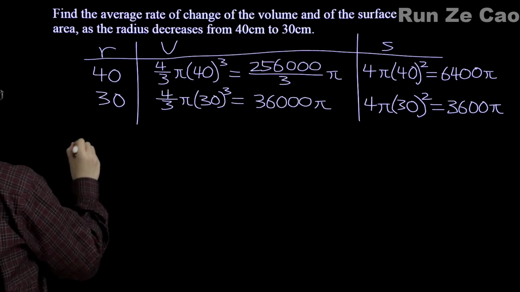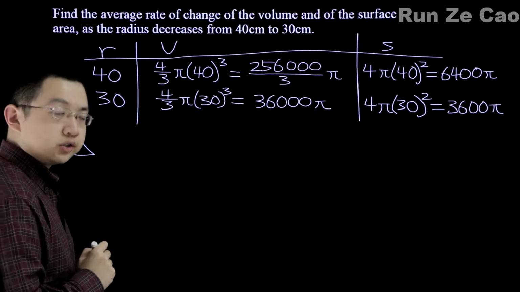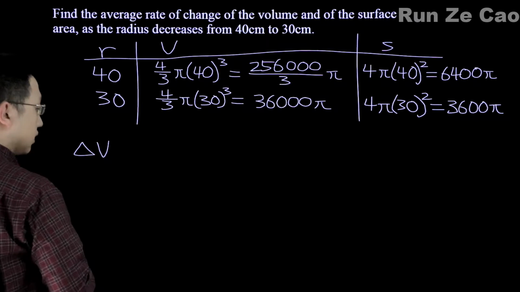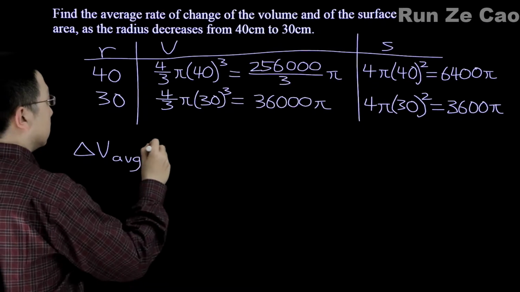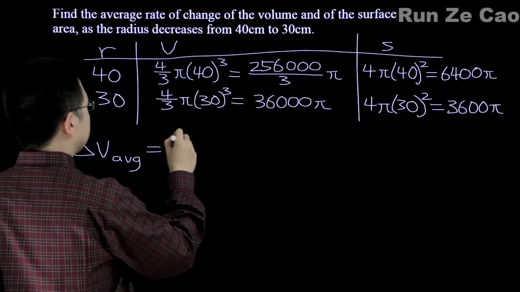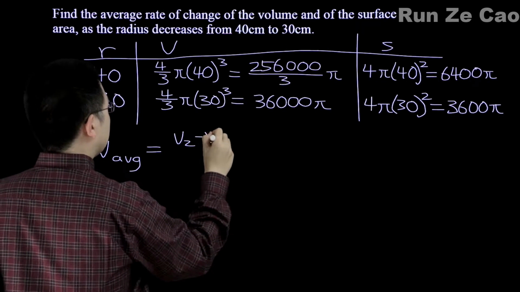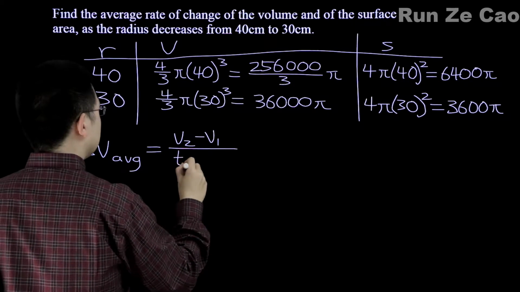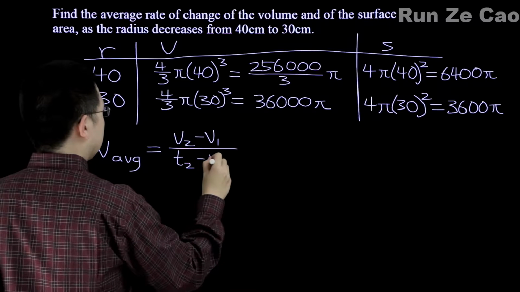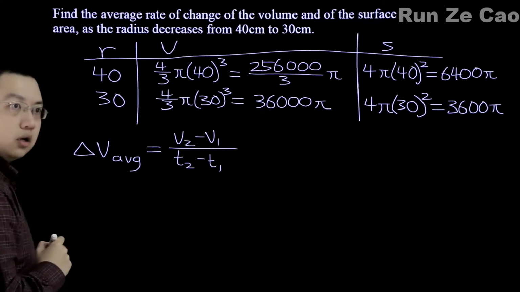The delta symbol is what we use for change. So delta V is the change in volume. Delta V average, though, is equal to V2 minus V1, or just delta V, over T2 minus T1. But wait a second.